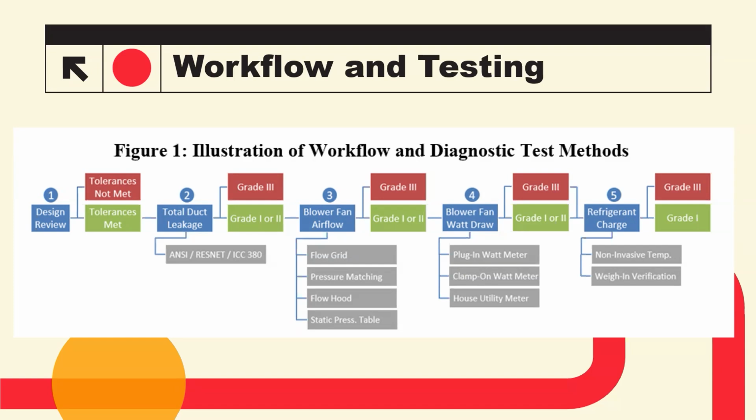And just like it says, if you don't get that grade one, grade two, or you're not within the tolerances, you have to stop. You do not proceed with ANSI 310 grading of that system. That's not to say you can't continue to do ratings or anything like that, but if you can't fix it, then you're out of luck.